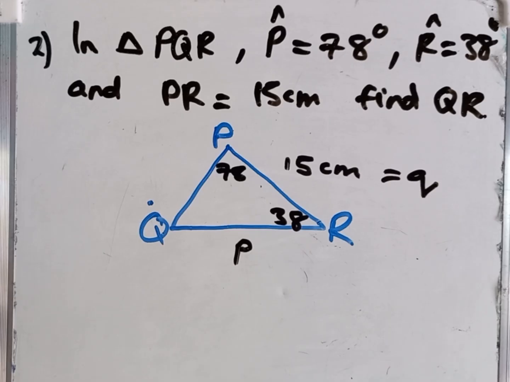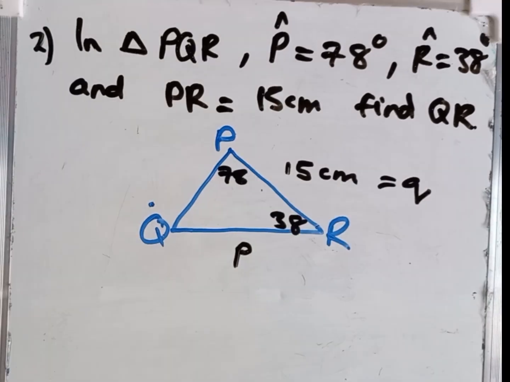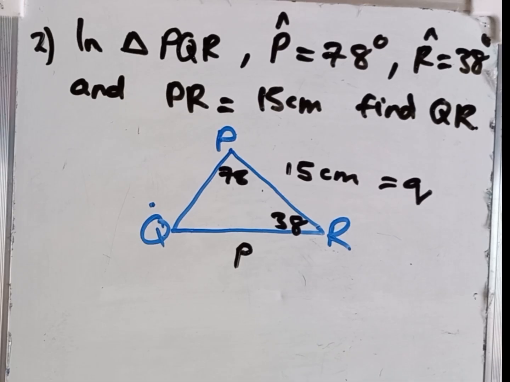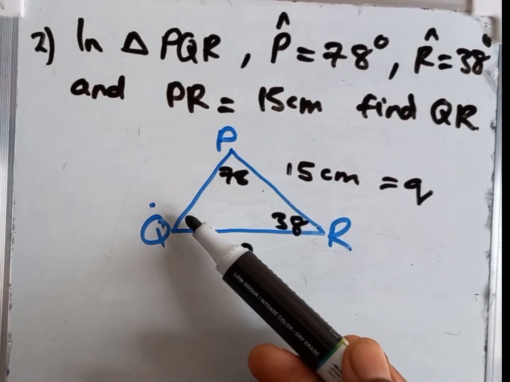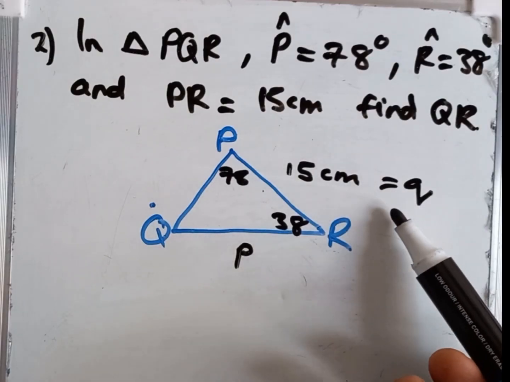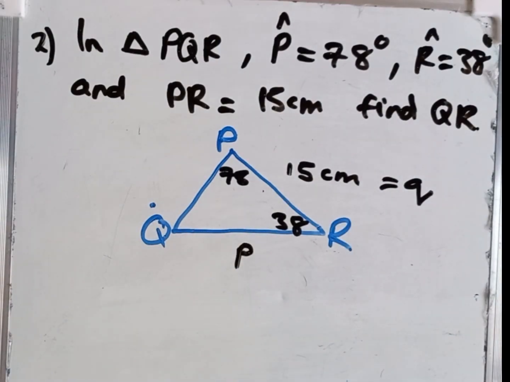Like what we said earlier on, one side should be complete so that we can find the other side. So we have our side q, angle Q and side q. Why am I saying this is complete?